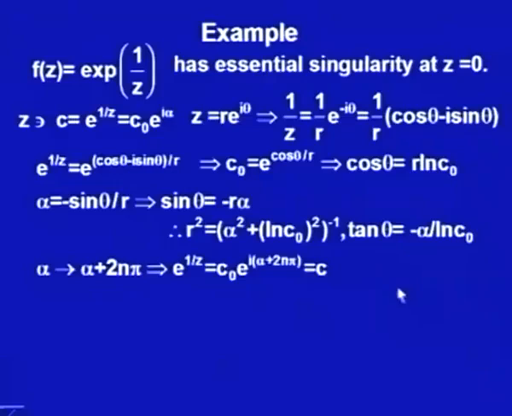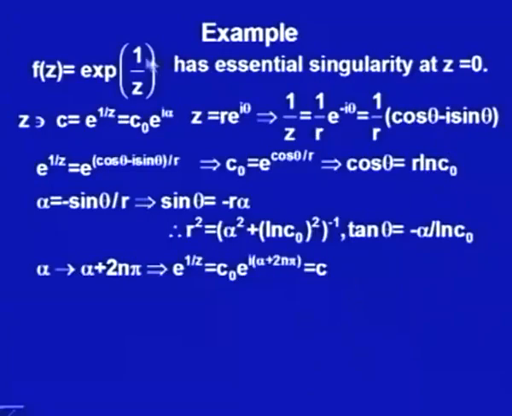Then what is happening? If I take this r, what will happen? If I make α into α + 2nπ, that means my r is changing. I would get this in the denominator, where α is increasing. If the denominator is increasing, then certainly my r would go to 0.